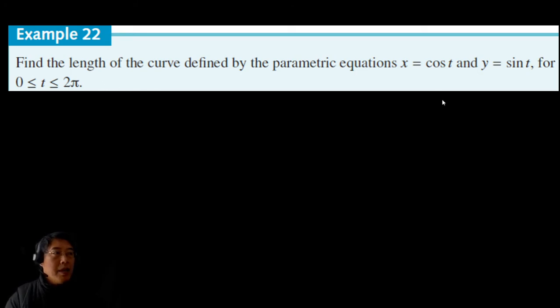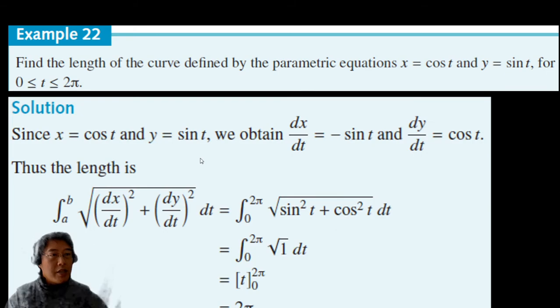Okay, so we have x and y. You differentiate those two, so we get dx over dt, dy over dt. Do remember, for the derivative of cos it's negative sine, for sine it's cos. Then we have our two derivatives, we square them and we add them together, so sine squared plus cos squared, that equals 1.